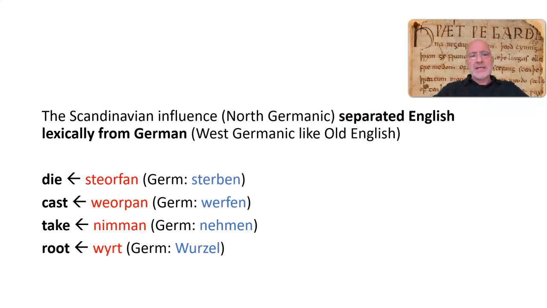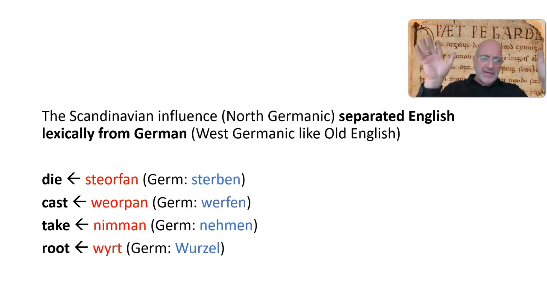Usually these words separated English lexically from German. I said this. You still have the red words here. They are the Germanic words, German words, sterban, weorpan, niman, wyrt, and so on. And they were replaced by Scandinavian words. So Scandinavians came in with die, and therefore the old sterban disappeared or became starve in this respect.